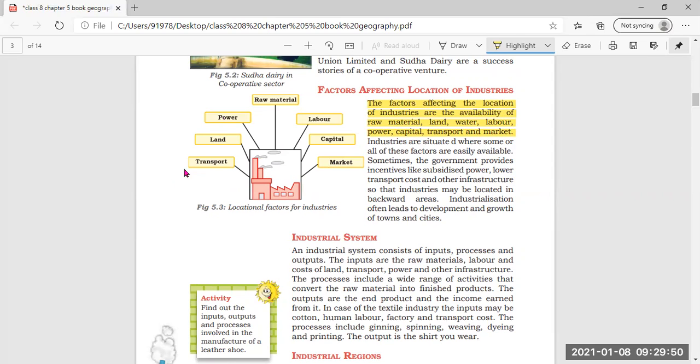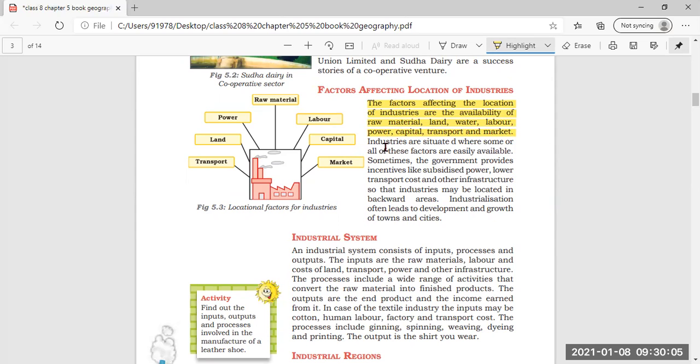Then labor force, a lot of people, means habitation of people should also be there, the residence of people, so that labor is easily available to work in that industry.